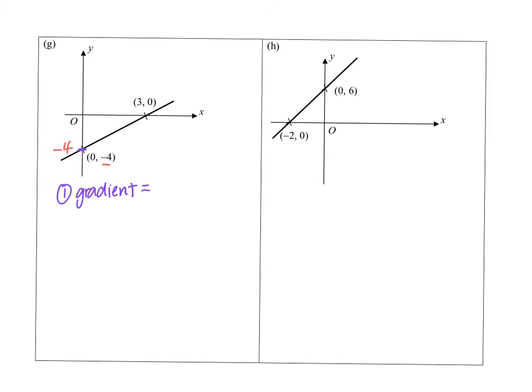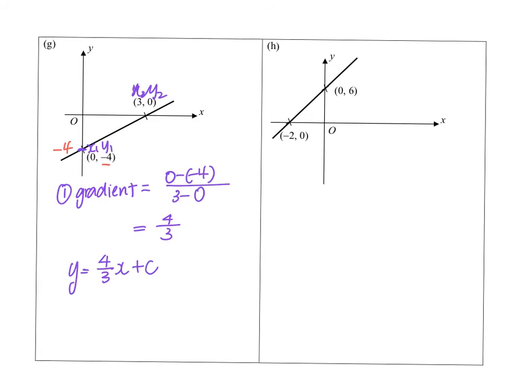So the gradient will be y2 minus y1 over x2 minus x1. So that will give me 4 over 3. Take note of the negative sign. So the equation for the straight line will be y equals 4 over 3 x plus c.